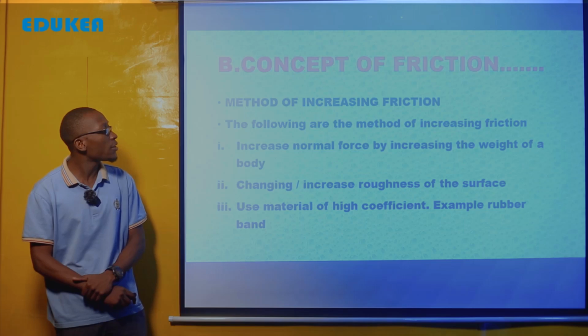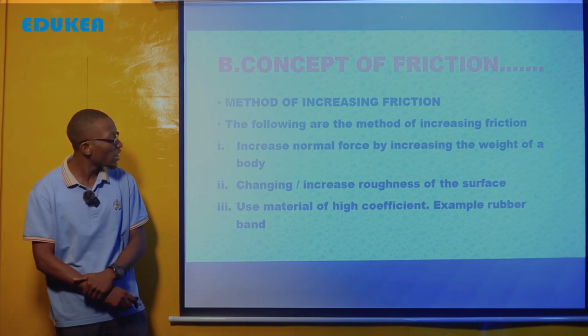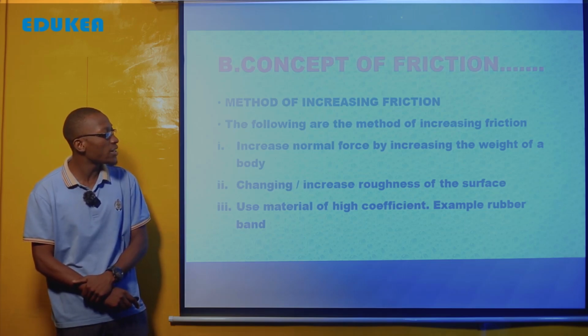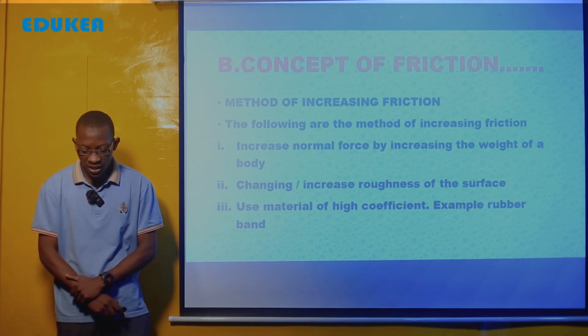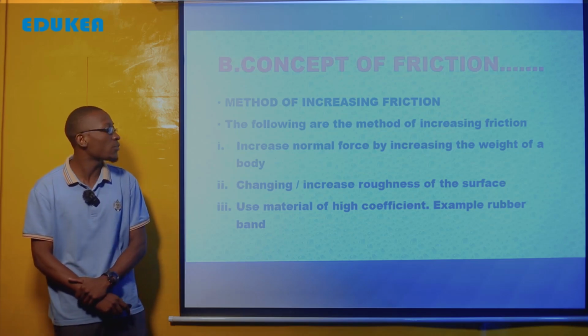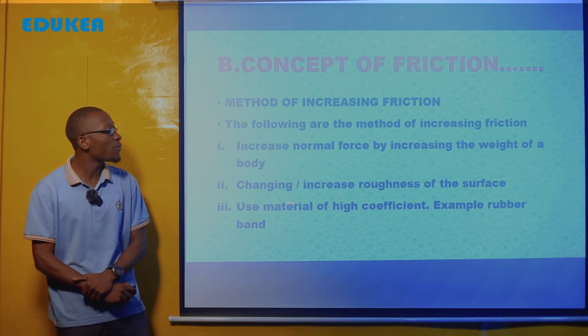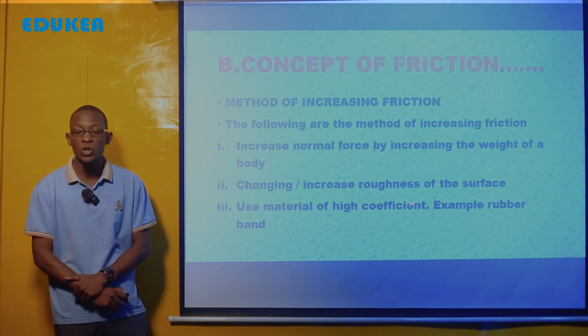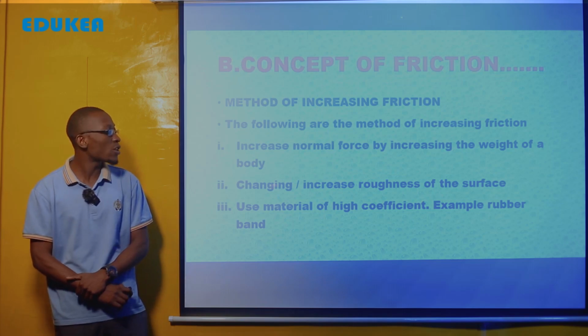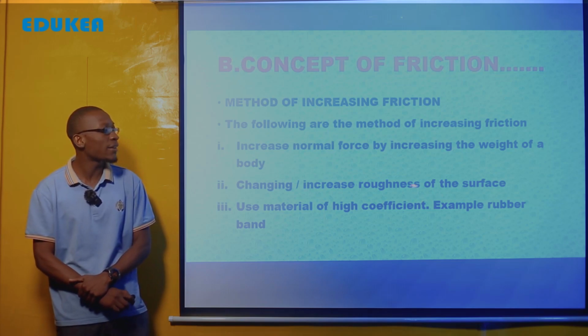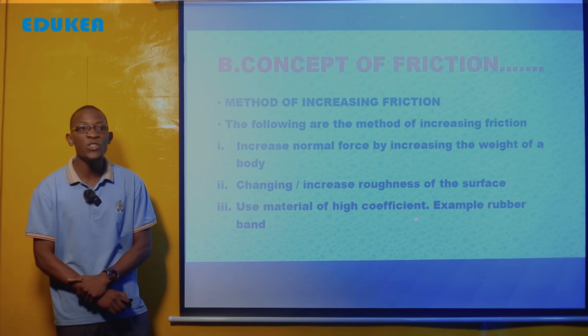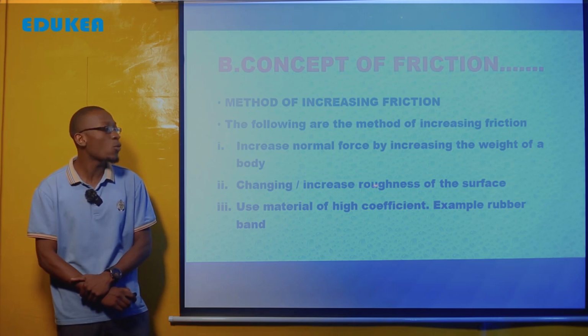Another thing is changing or increasing the roughness of the surface. So hapa tunaangalia namna gani tunaweza kuongeza the friction force. Tunapokuwa tunabadilisha au tunaongeza roughness of the surface, yani surface inakuwa haipo smooth, inakuwa ipo rough.